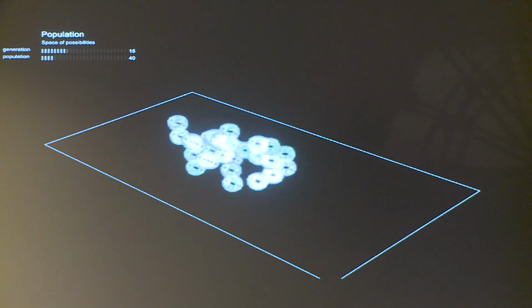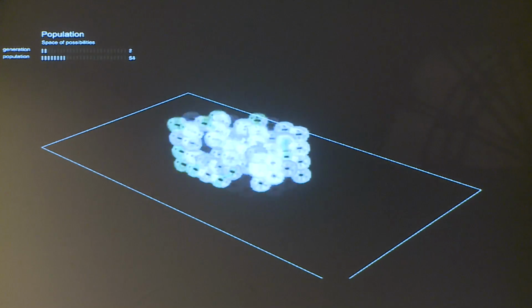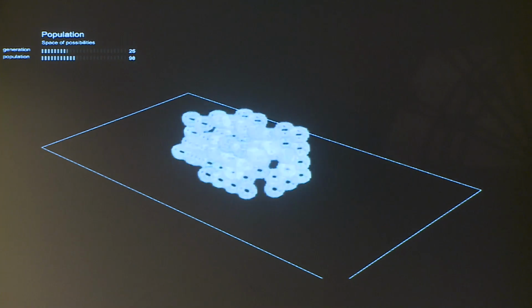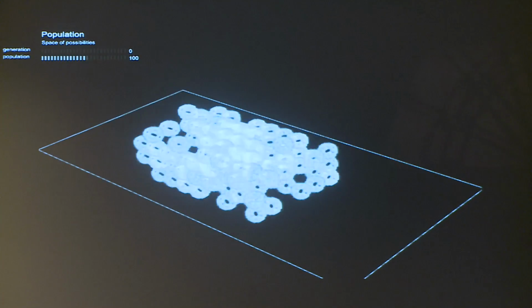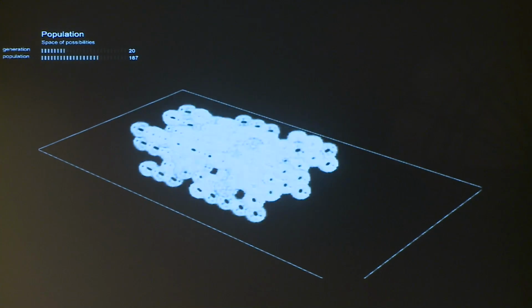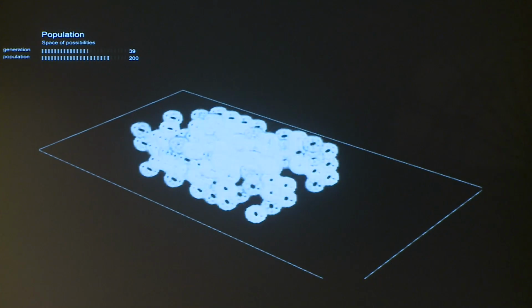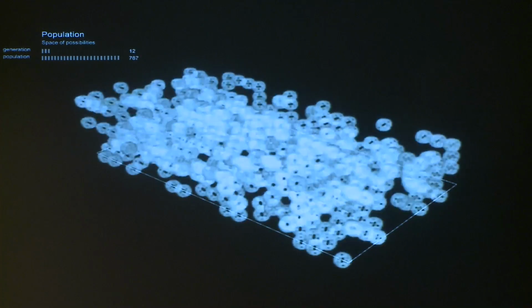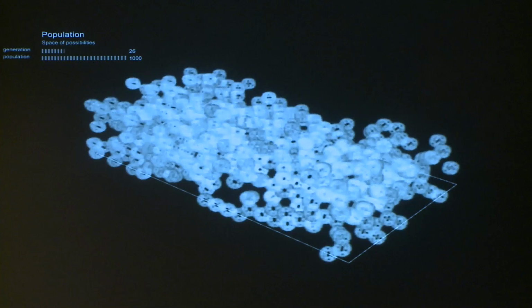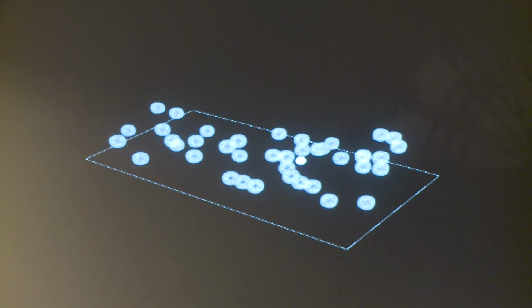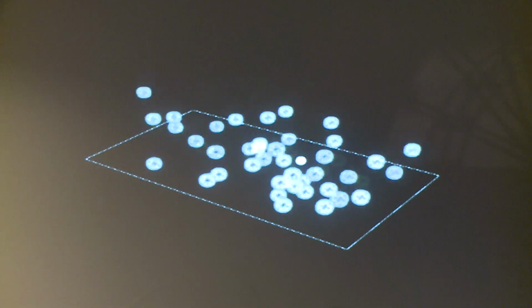We started to see the population and its possibilities of aggregation to define the type of formations and specifically what a population can do. So here you can see the 40, the 100, and the 200, and the 1,000. And if we assign them a goal, they're able to find that goal.